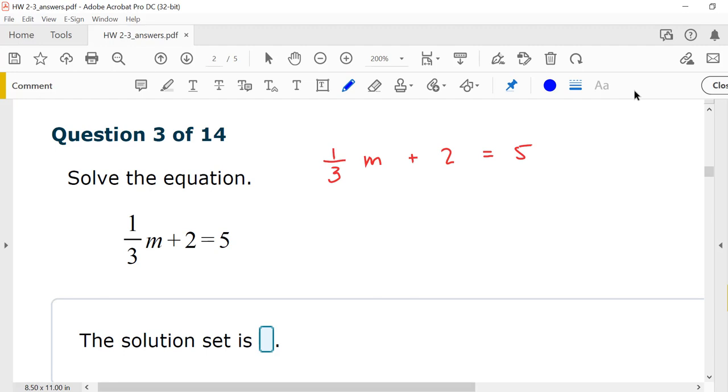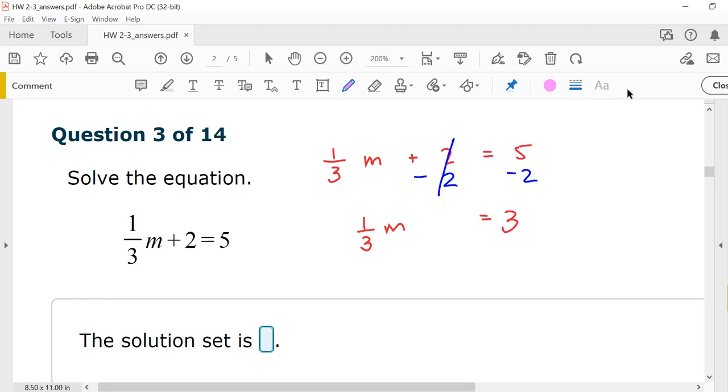At first I covered the m up, and I see that I need to get the 2 to the other side. So I'm going to subtract 2 from both sides first. That leaves me with 1/3 m is equal to 5 minus 2 is 3.